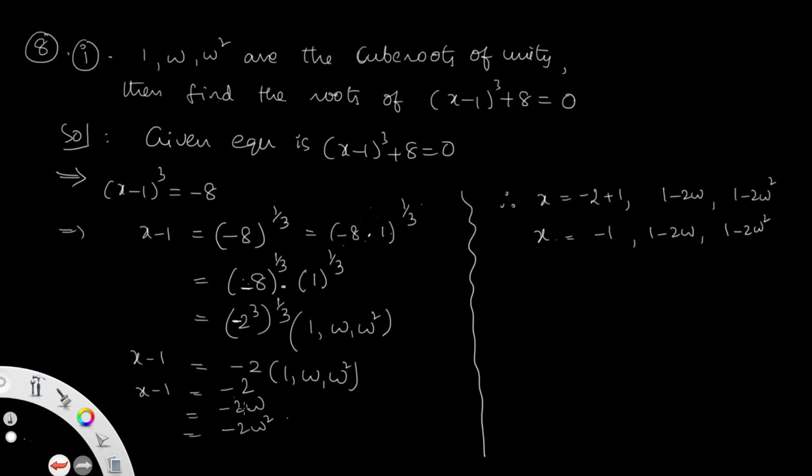That is -2 as one root, then -2 omega, and -2 omega square. To find x, it is -2 + 1, 1 - 2 omega and 1 - 2 omega square. Therefore these are the roots of the given equation. That's all. Then go to the next question, question number 9.